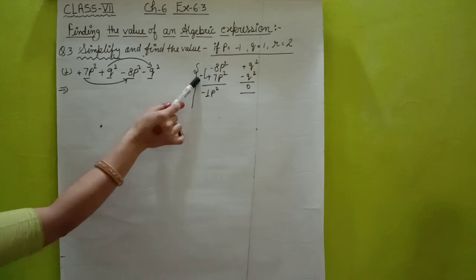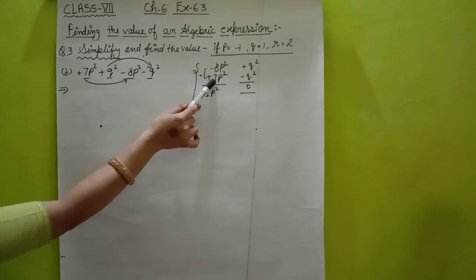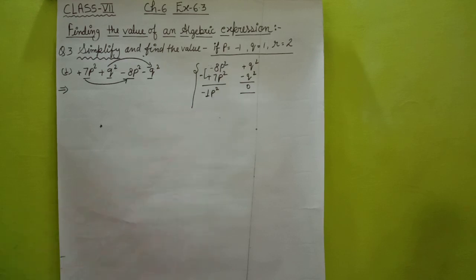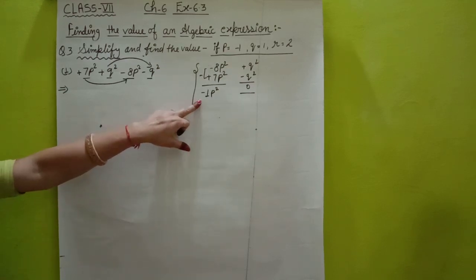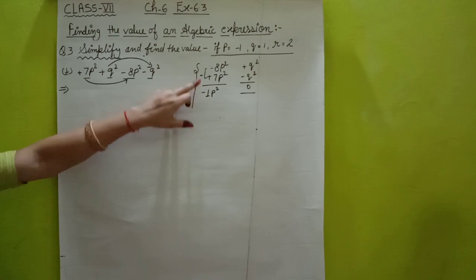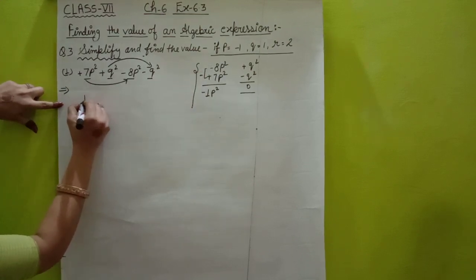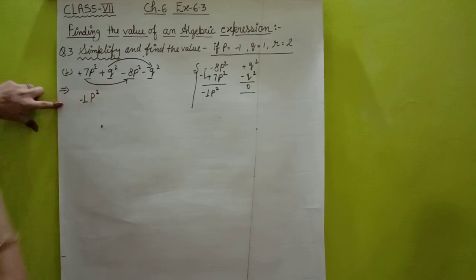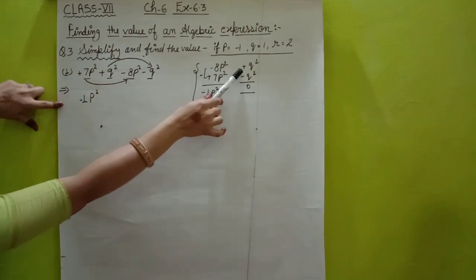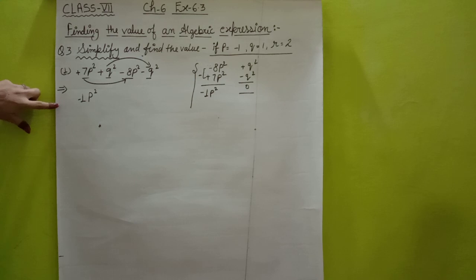Minus plus will be minus. So 8 minus 7, 1p square, and this 1p square will have a minus sign because the greater number has the minus sign. So what is your answer? Minus 1p square. Now plus q square minus q square.